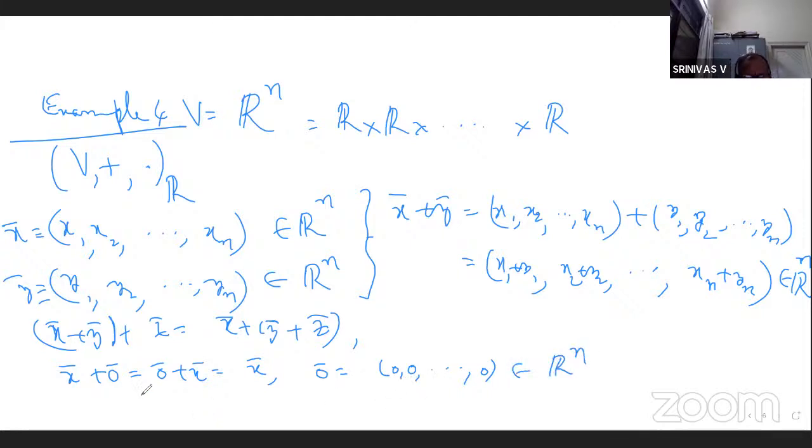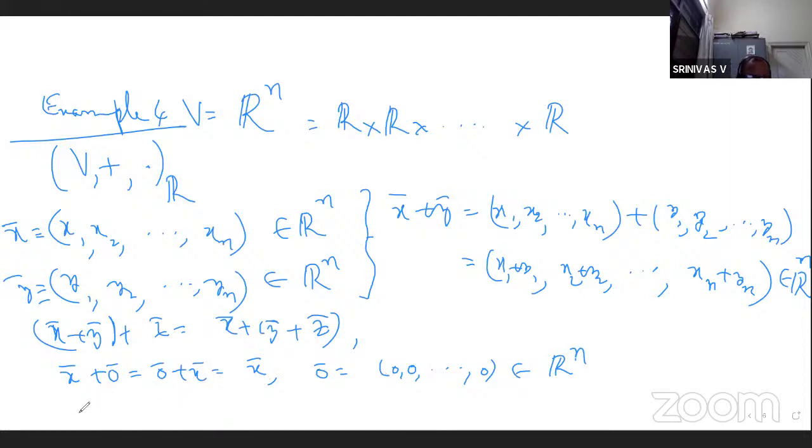This works out to be the additive identity. You take y1 equal to 0, y2 equal to 0 up to yn equal to 0. x1 plus 0 is x1, x2 plus 0 is x2, and so on, xn plus 0 is xn. So x bar plus 0 bar will be x bar. And if you take xi's to be 0 and yi's to be coordinates of x bar, you can show 0 bar plus x bar is also x bar. So that's how you have this.